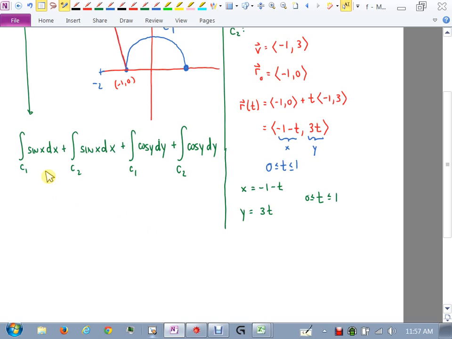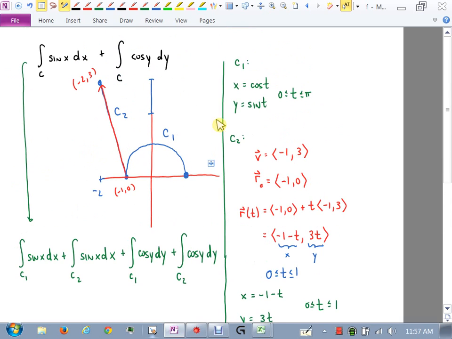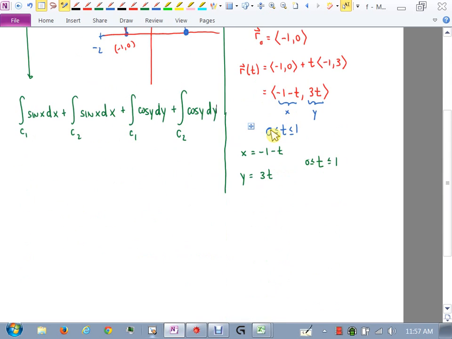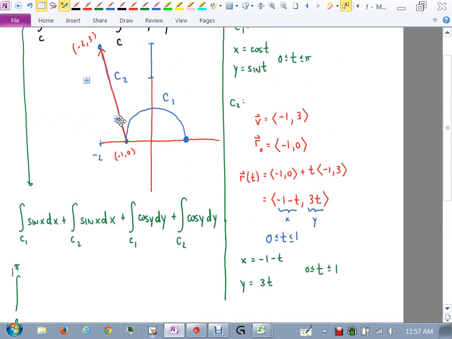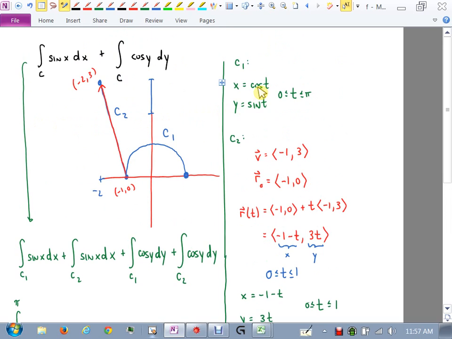Let's do this first integral. This line integral over C1 means C1 went from 0 to pi, right? So this first one's going to go 0 to pi. All right. Sine x. What is x on C1? Cosine t.